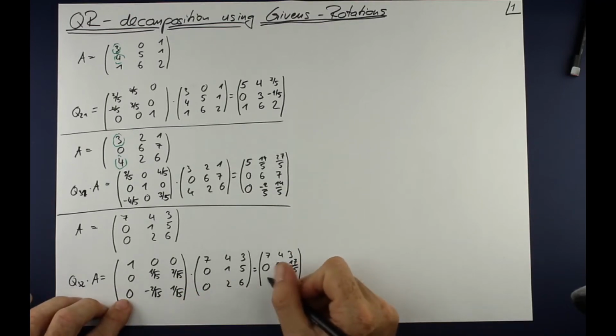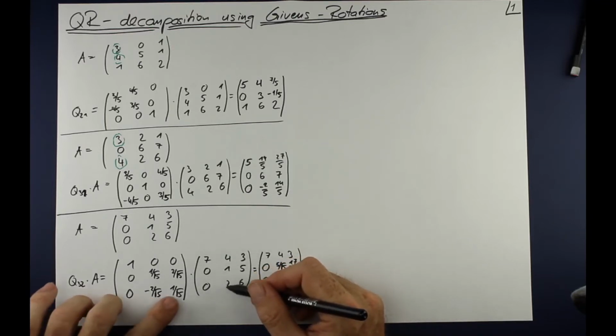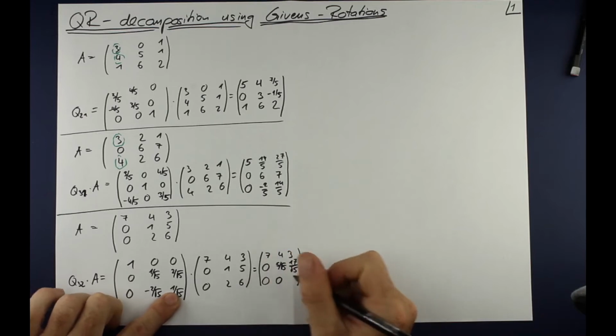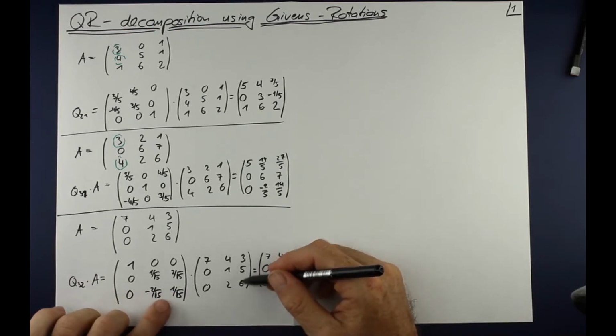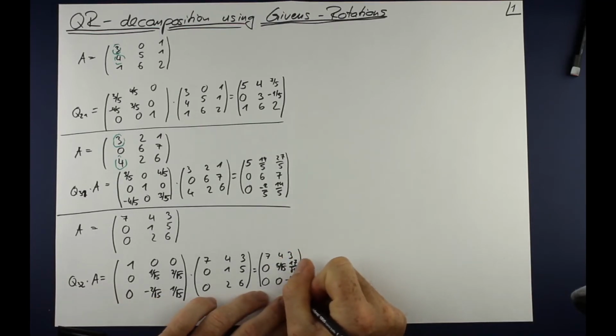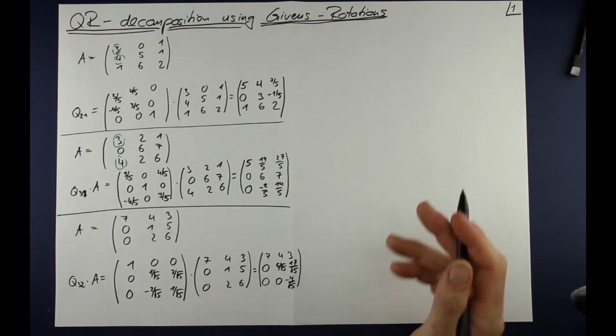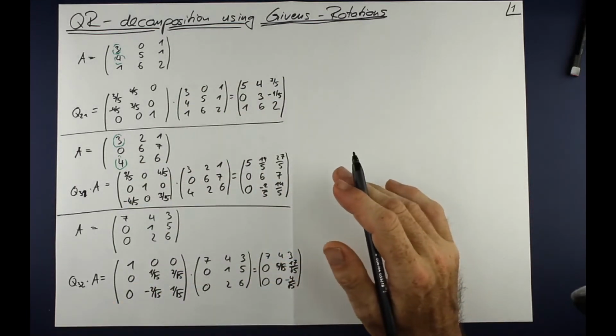Then here we get a 0, and here we get minus 2 plus 2, we get the desired 0, and here we get minus 10 plus 6, which is minus 4 divided by square root 5. So this is how it works for 3 by 3 matrices.